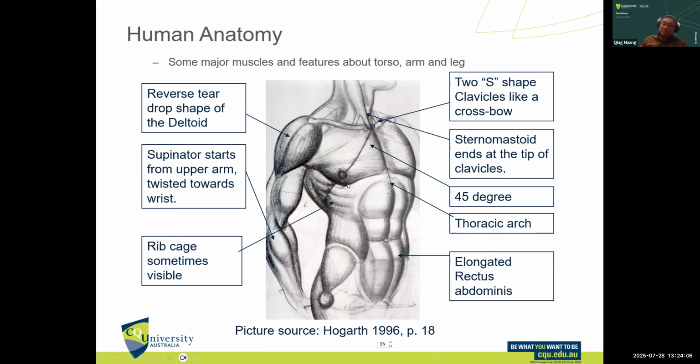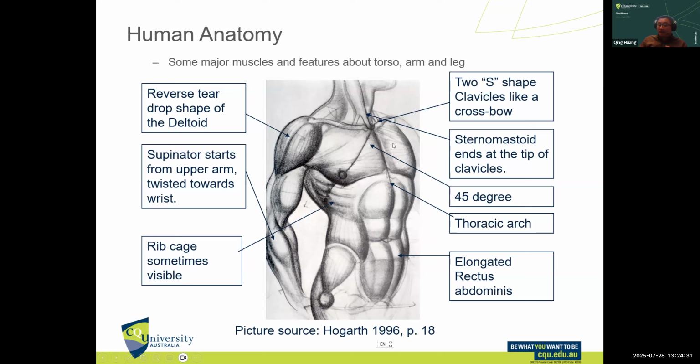The thoracic arc is sometimes quite visible from the front, especially when the human body stretches, and the elongated rectus abdominis, which is the six-pack in the front, and the major muscle group that attaches to the pivot, the pelvic, on the side.